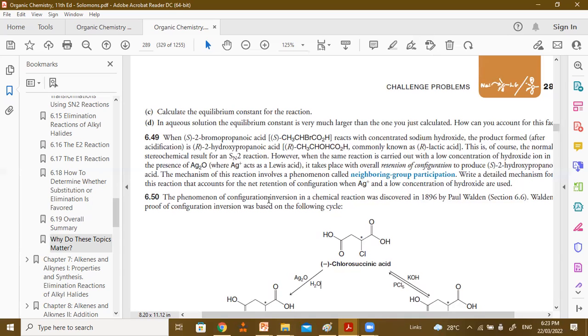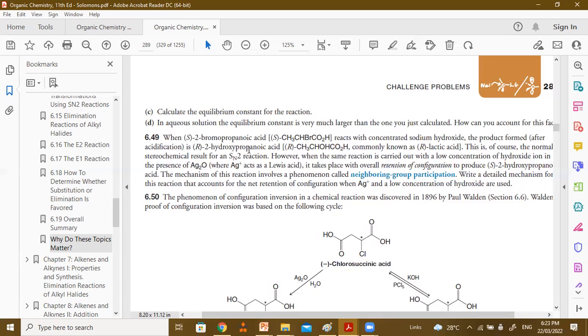So here you will actually propose a mechanism. This is more challenging actually, the 6.49, 6.50. Some of this we haven't discussed, but you will have to propose, and this is the basis of why I give this problem. You will propose the kind of mechanism. The basic ones are the SN2 and the SN1 reaction.